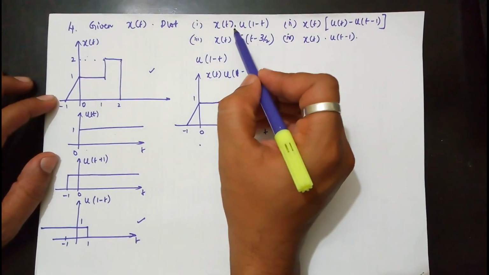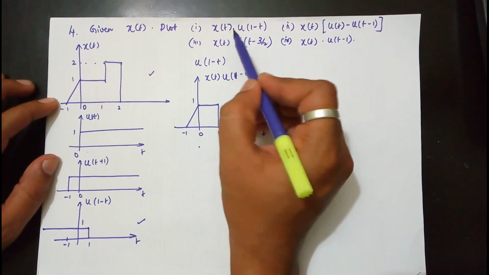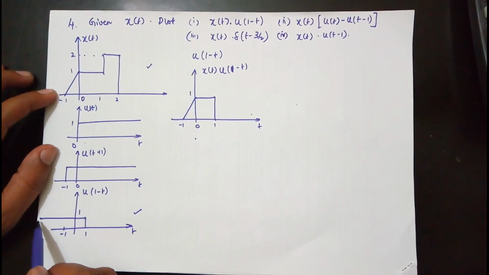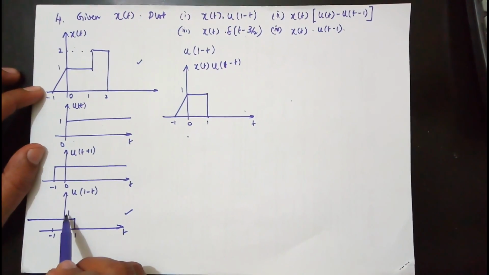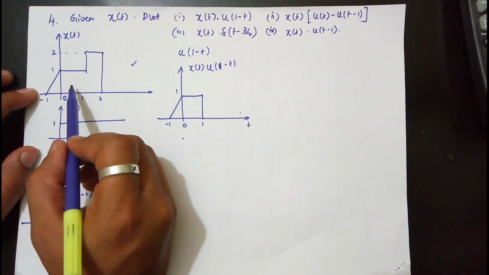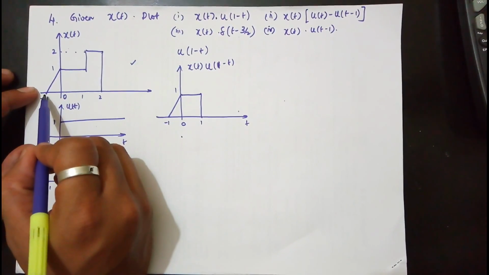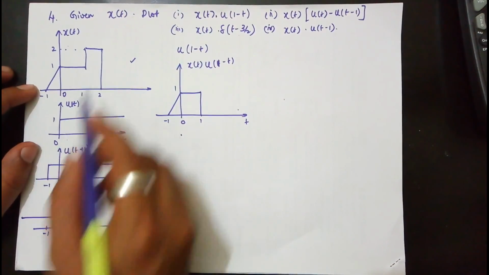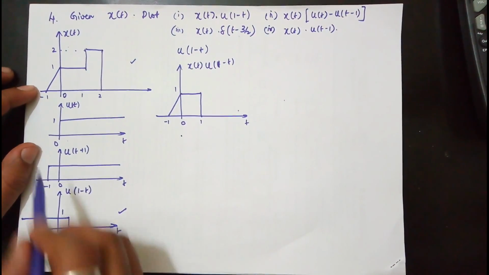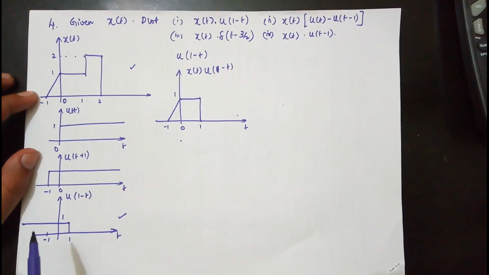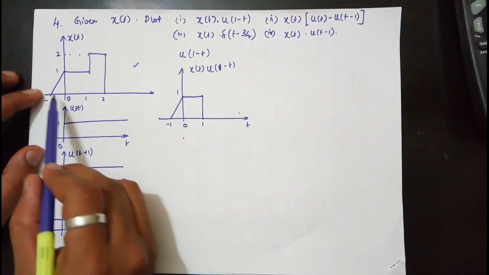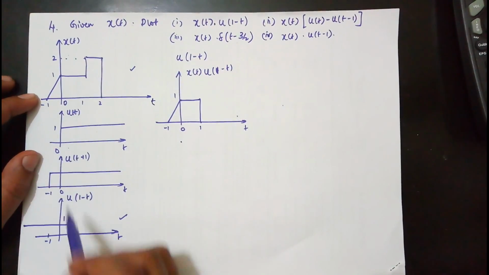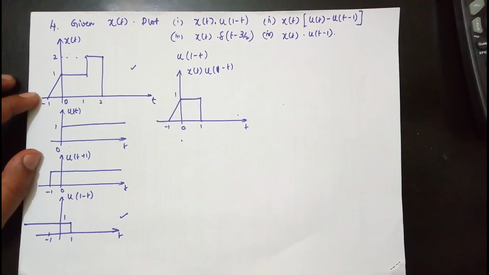Now what we have here is the multiplication of x of t and this waveform. This waveform extends from minus infinity to 1 with an amplitude of 1, and this signal is present between minus 1 to 2. If you multiply any signal with an amplitude of 1, you will get back the same signal. But here the constraint is between what range of values of t you are multiplying x of t and the other function.